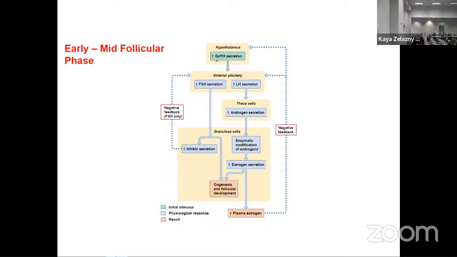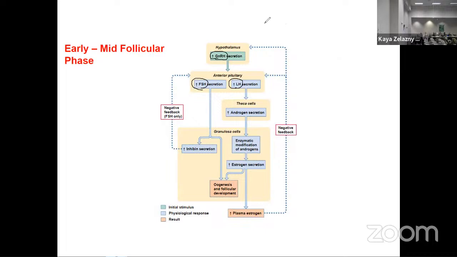That's gonadotropin releasing hormone, GnRH, and it signals the anterior pituitary to make follicle stimulating hormone, FSH, and luteinizing hormone, LH. These are what come out of our anterior pituitary, get into our bloodstream, and signal to the ovaries.